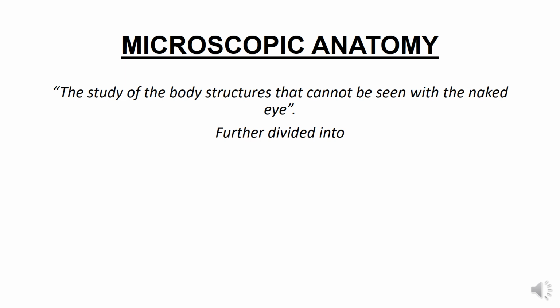Second, we have microscopic anatomy. As the name suggests, these structures are too small to see with the naked eye. This branch is further divided into two important areas: cytology and histology.